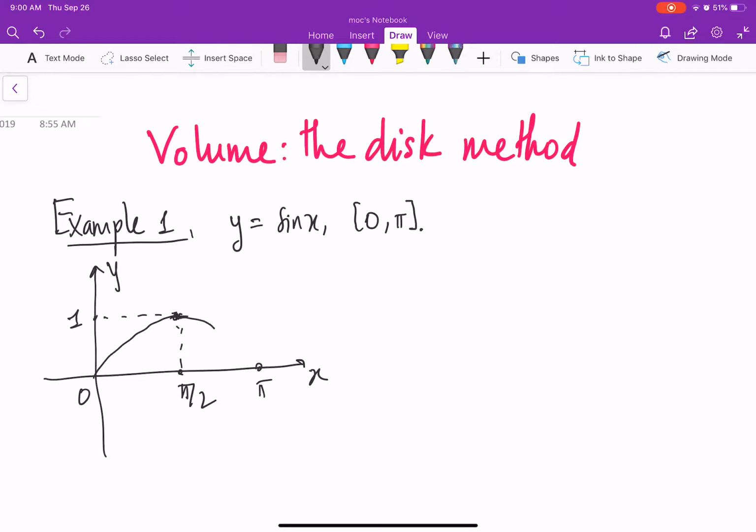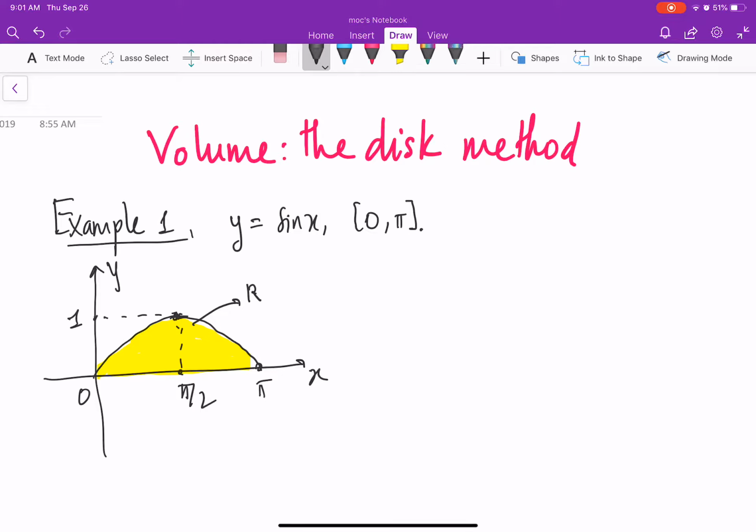So all of us should know the graph of sin on 0 to pi. So we have some region enclosed by the graph of this function, the x-axis, and on the interval 0 to pi. Now we have some region, let's say the region R, right?